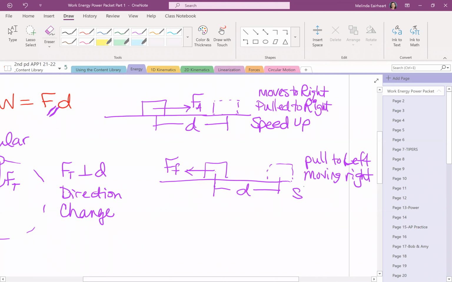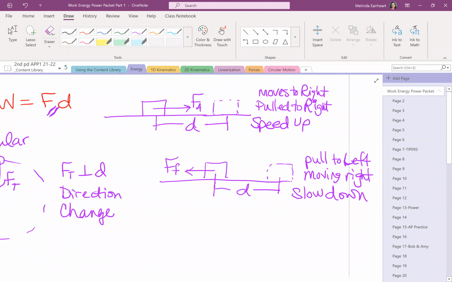Right. And so y'all remember forces. Y'all remember vectors, right? Correct? Okay. And so we've got a speed up in one, a slow down in the other, and I have different forces performing work on this object, right? Well, there is a difference.